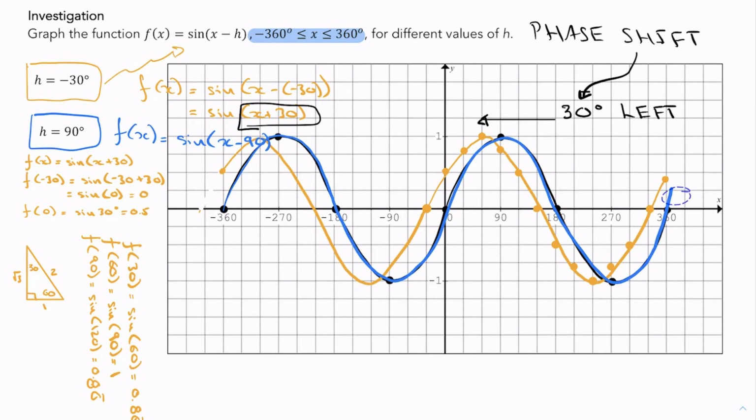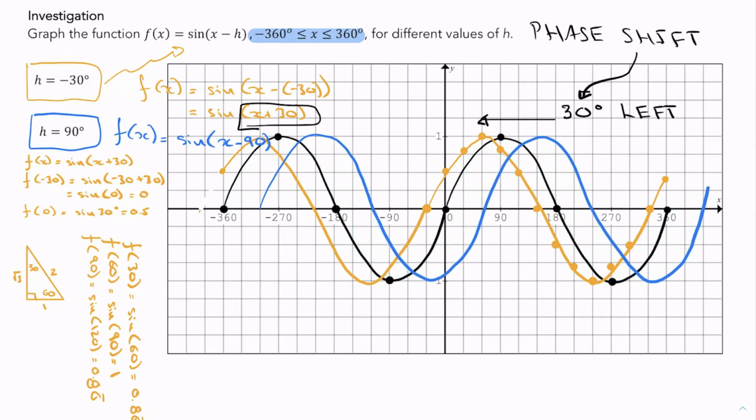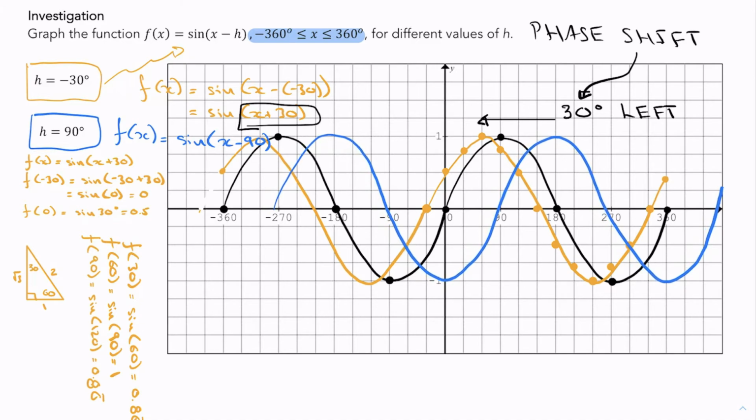And this whole thing, remember we said it's going to move to the right 90 degrees. It's going to go over 90 degrees. Okay. Pretty cool. Unfortunately, you can't do it on pencil and paper, but it definitely helps when you have an iPad.